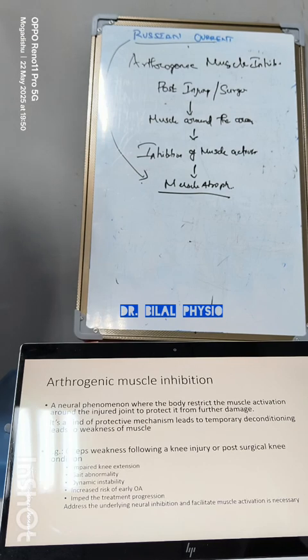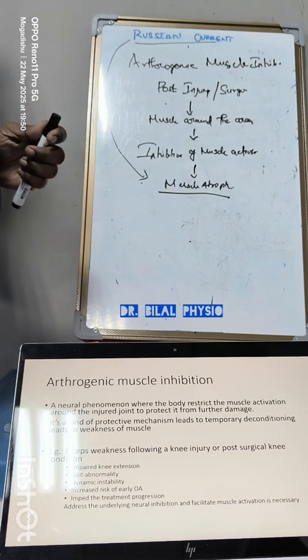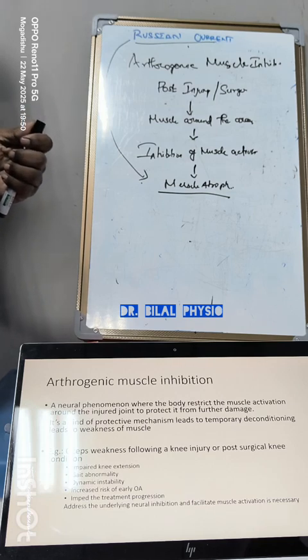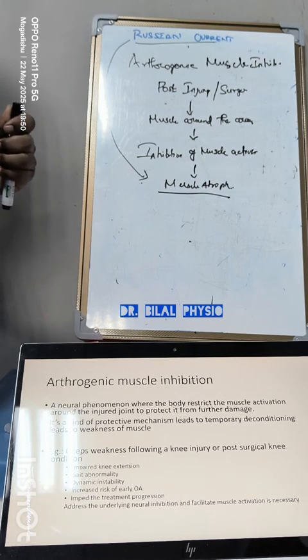Anyhow, this carries a risk of early osteoarthritis degeneration, and it will also impede progression in our treatment. So we have to address the underlying causes. In a hospital setup, we need to approach the patient who has undergone surgery immediately, and start our clinical protocol right away to preserve the muscle and prevent wasting.